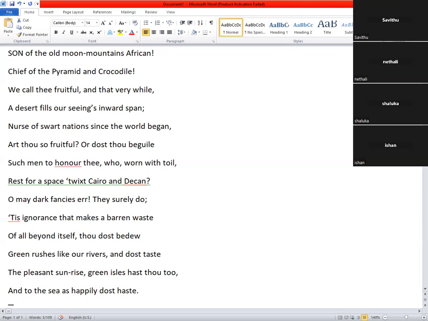They are much tired, exhausted with hard work. Who rest, who live. Here rest means live. Who live for a space in a land. Space means here land, in an area, in a region, twixt, between Cairo and Deccan. Cairo and Deccan, they are two cities.